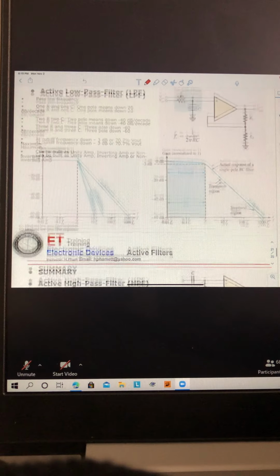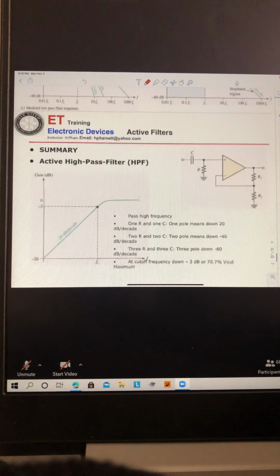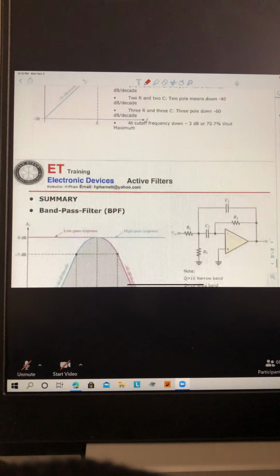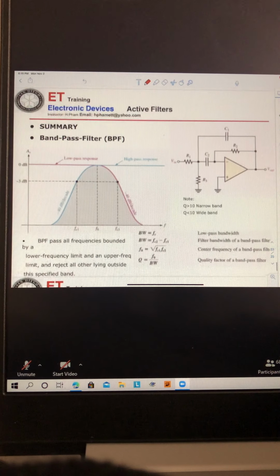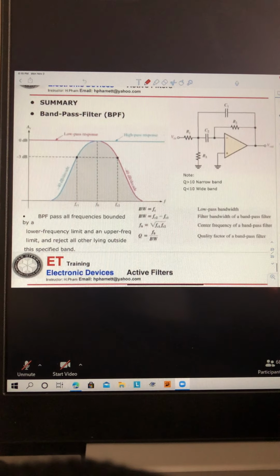Okay, so that's just a summary for you guys of everything. This is a page you have to go through. Band pass filter and calculation here. They get a bandwidth, which equals FC2 minus FC1.